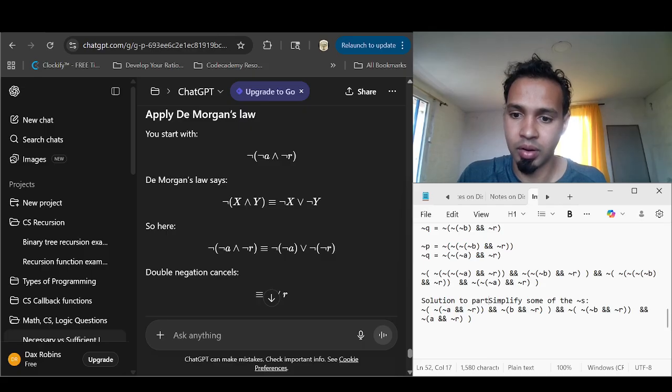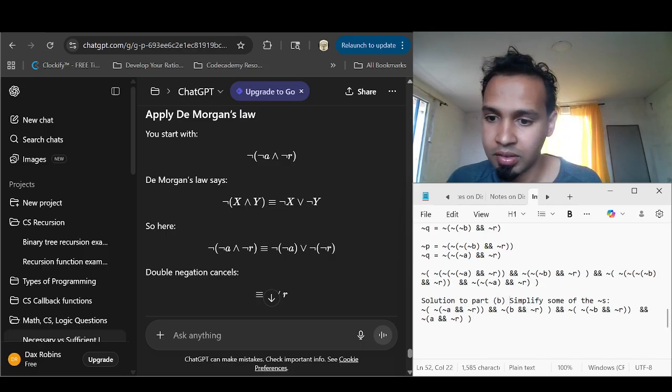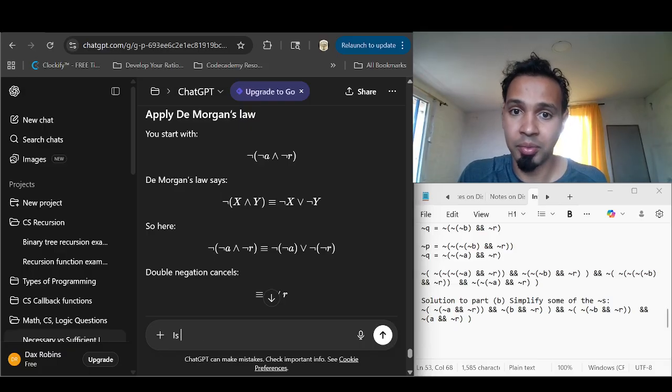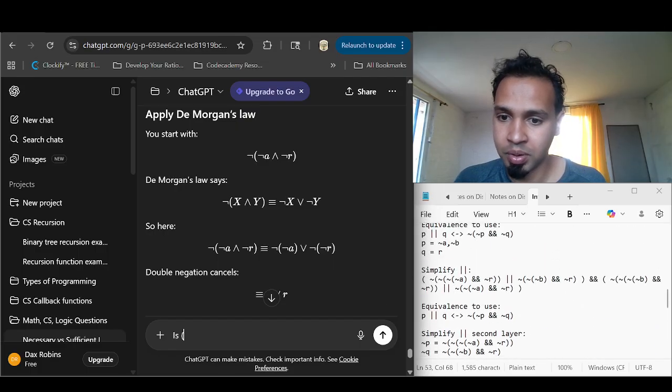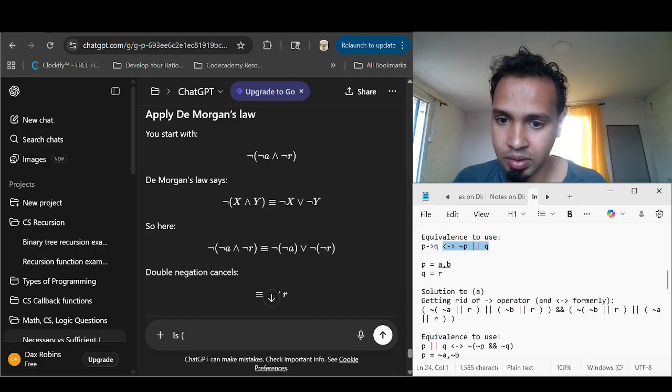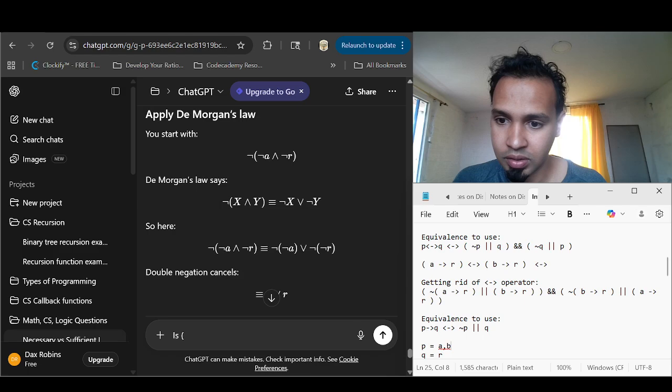Solution to part B. So I'm going to ask ChatGPT, let's paste the original statement. Where is it? Here it is.